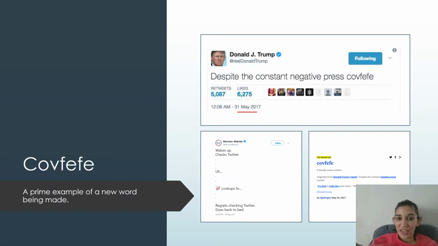Kofefe. Everybody kind of ran with it, and it became a big joke. And now if you search it on the internet, it has lots of different examples and uses, and it's kind of funny. But this is how words are being created almost daily.